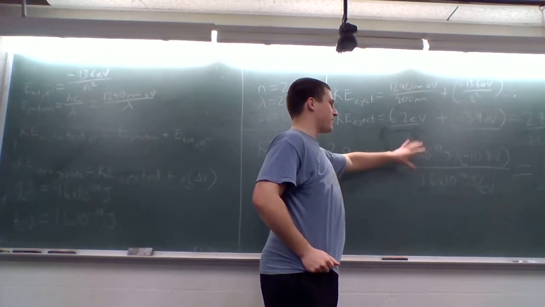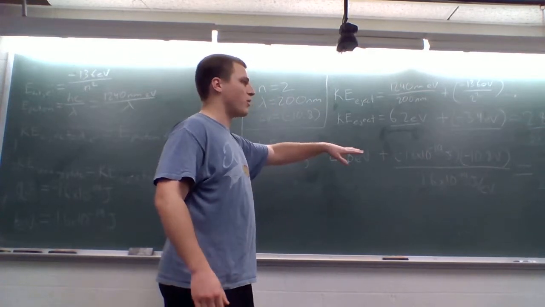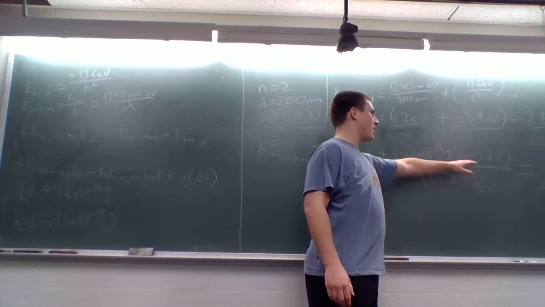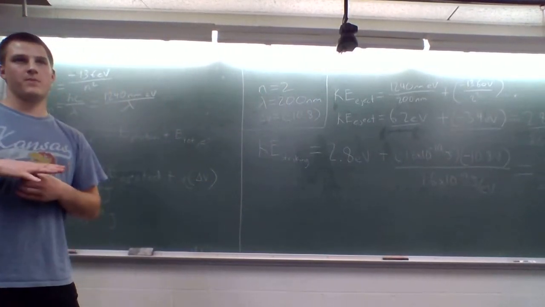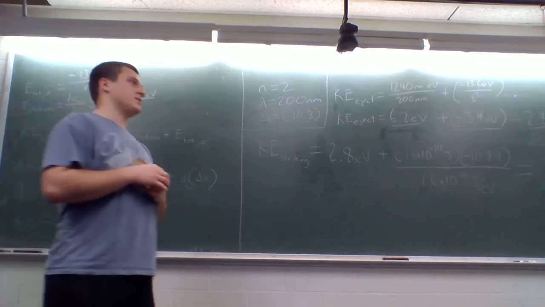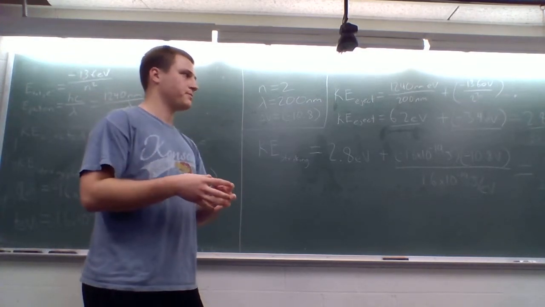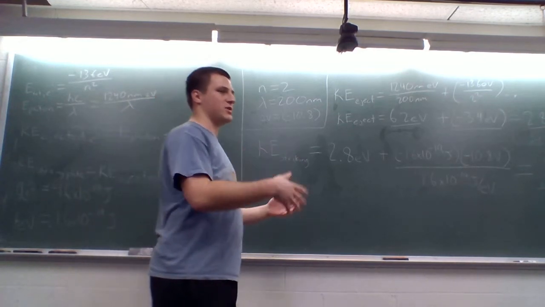So to find that potential energy, you just take the charge of the electron, which is negative 1.6 times 10 to the negative 19th joules, and multiply that by the voltage, which is negative 10.8 volts. And that's going to give you an energy in joules. And that's not what we want. We want electron volts, so it's the same as the other thing.